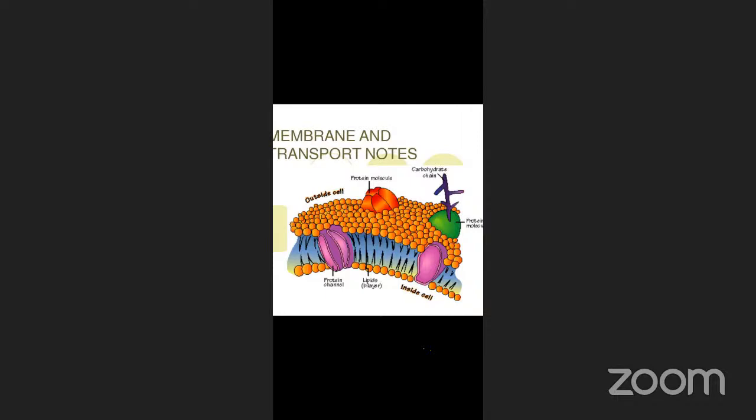It consists of lipids, which are phospholipids. It has a head and two fatty acyl tails. Here you can see the orange ones are heads, and the black ones are the two tails. And within these lipids, various carbohydrates and protein molecules get attached.